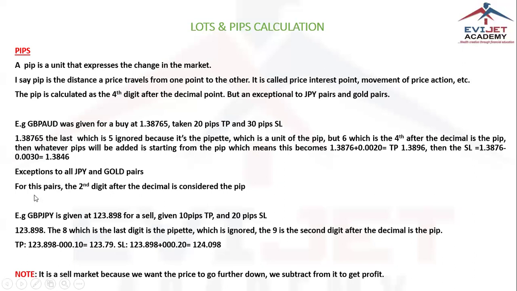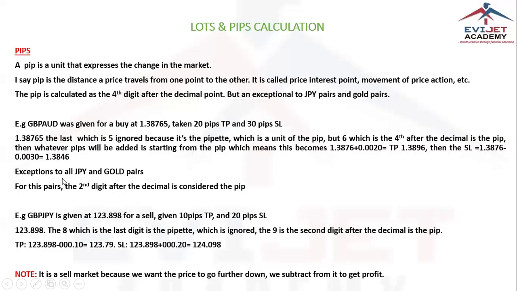Okay, so let's go to the next one, which is the exception of JPY and gold pairs. Now, for these pairs, the second digit after the decimal is considered as the pip. All right, the second digit after the decimal.